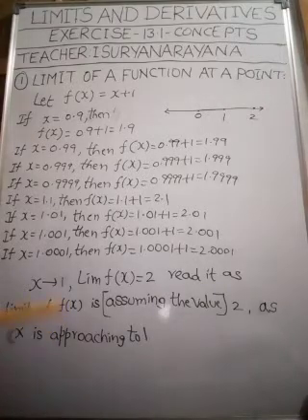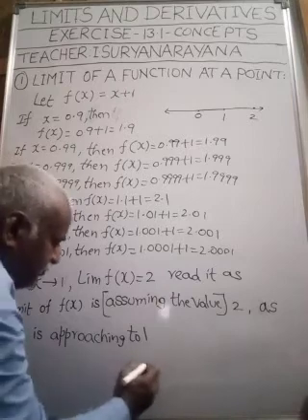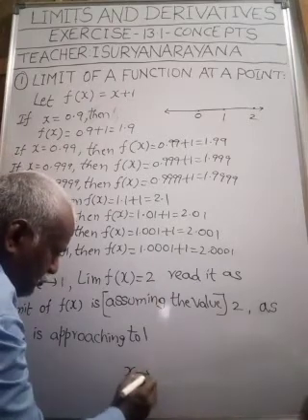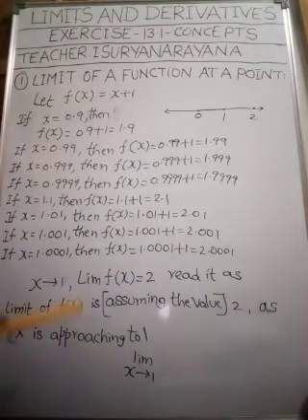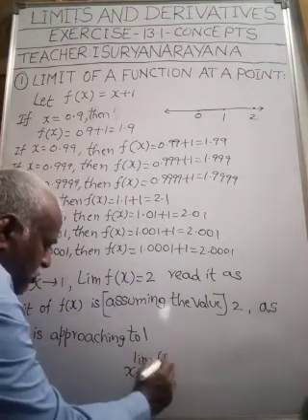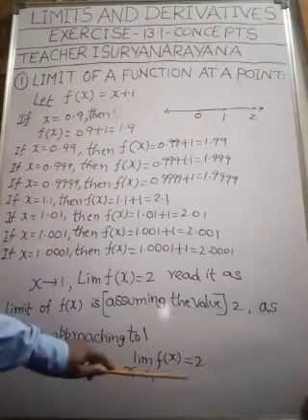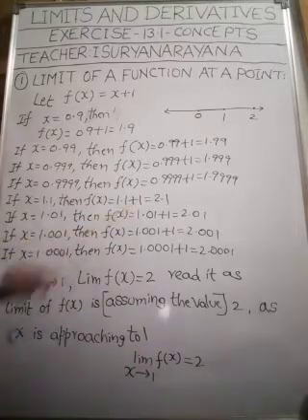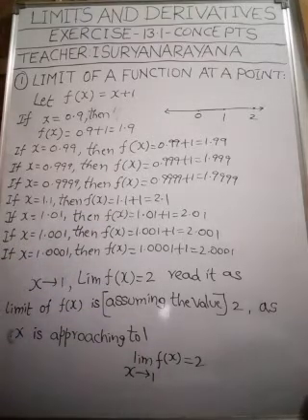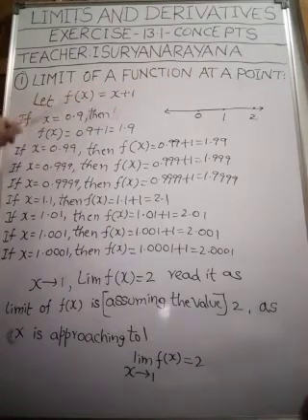Okay, my children, understood? So symbolically we write it as limit of f of x is equal to 2 as x tends to 1. Okay, my children, this is the concept of limit of a function at a point.